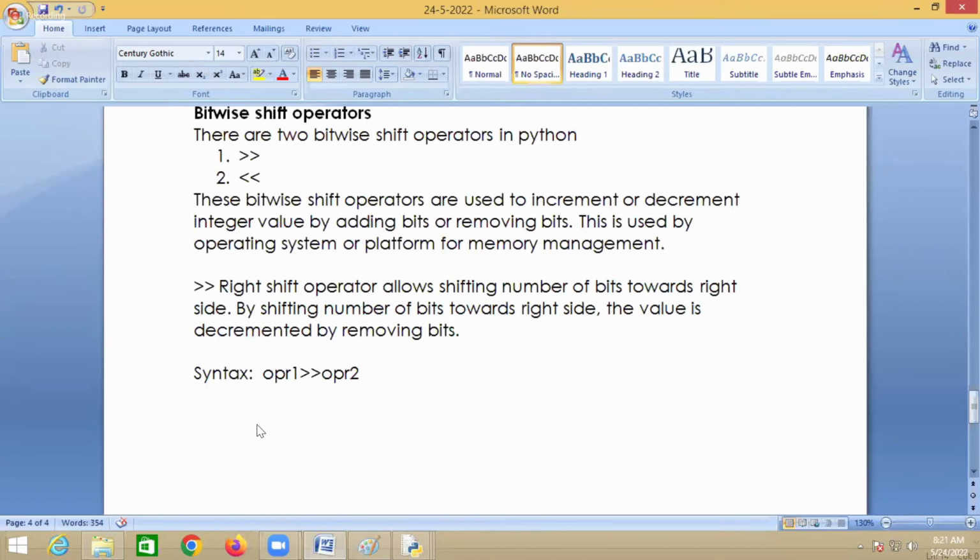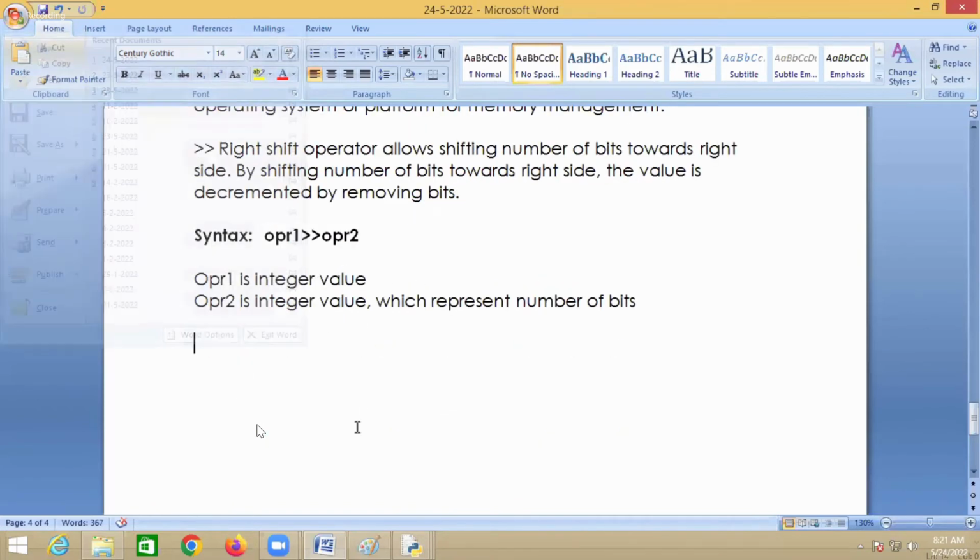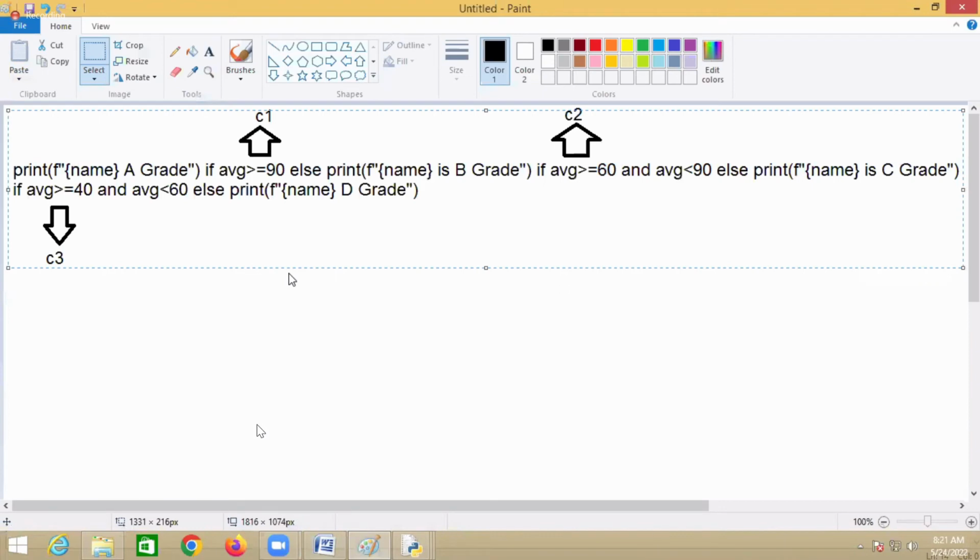Operand 1 is an integer value, and operand 2 is an integer value which represents the number of bits, meaning how many bits you want to shift towards the right side.